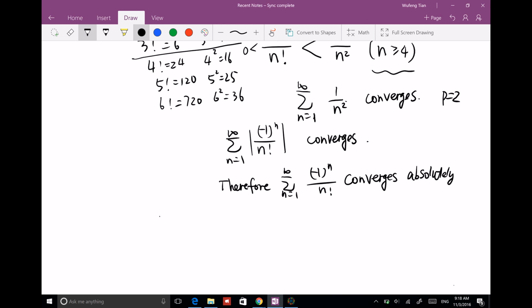Okay, so number 4 example, sum n from 1 to infinity, negative 1 to power n plus 1, over n plus 3. I'll give you 10 seconds.